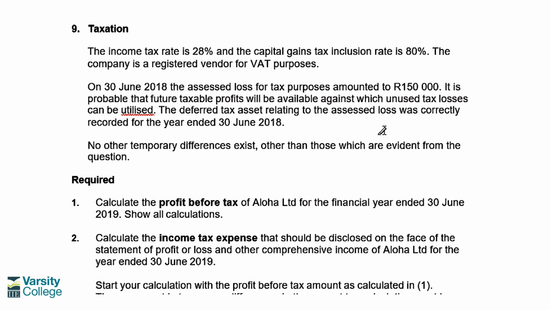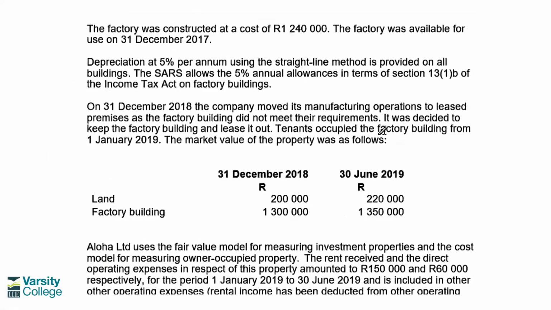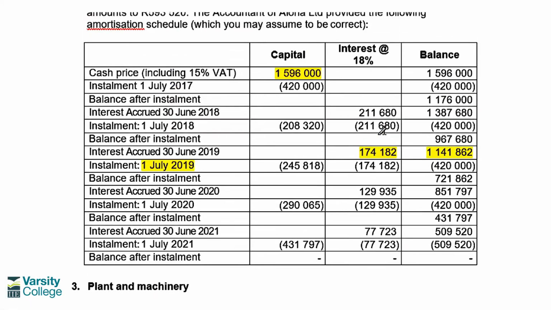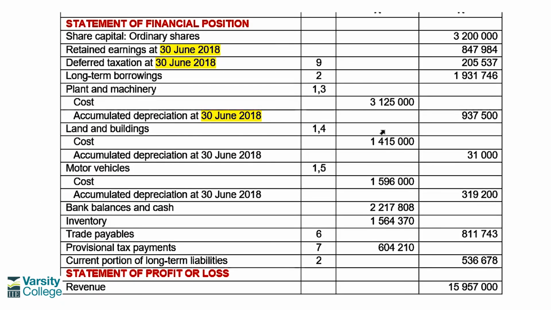The DTA relating to the assessed loss was correctly recorded for the year ended 30 June 2018. So what you've got to realize from that is in the trial balance, you can see that last year's deferred tax was a deferred tax liability. And there we go, 205,537. That's a DTL.